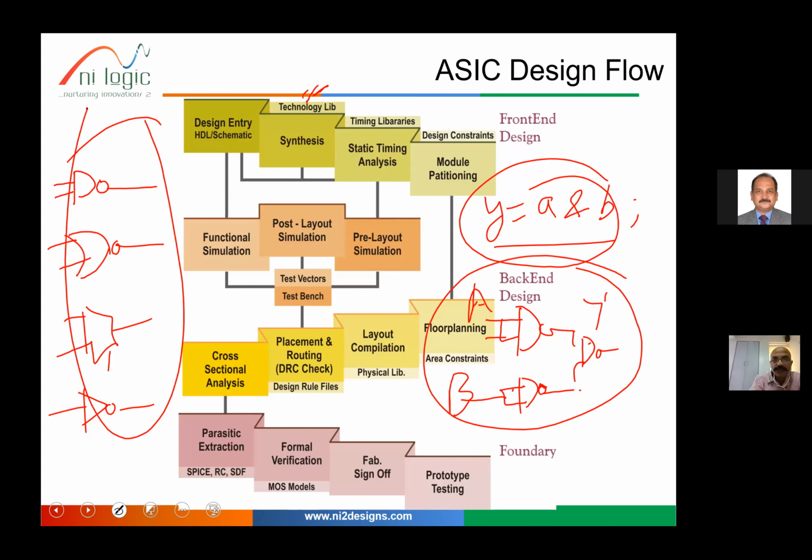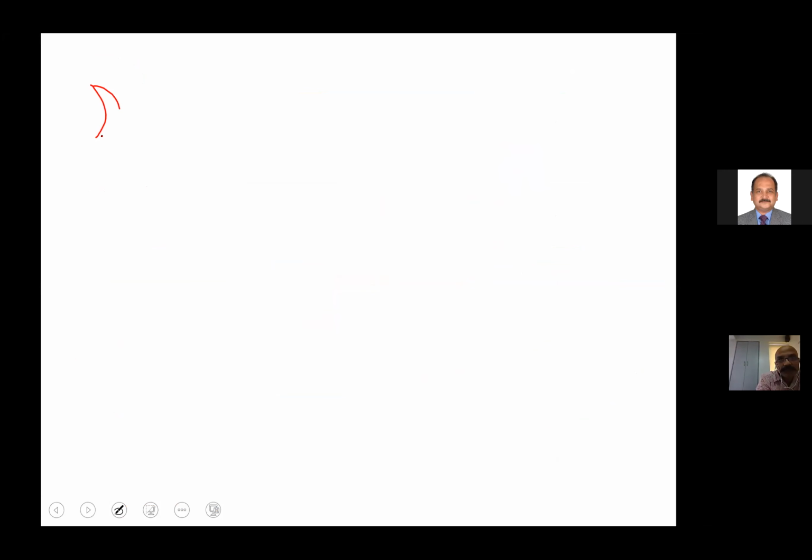So if I just make it white, and someone wants to use a NOR gate, because in the technology library file you have only NOR gate, so probably he would be doing the same.